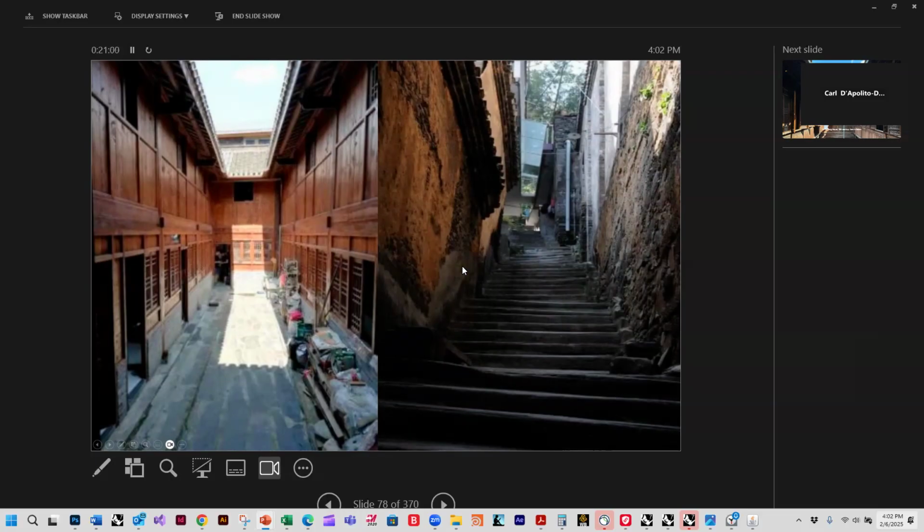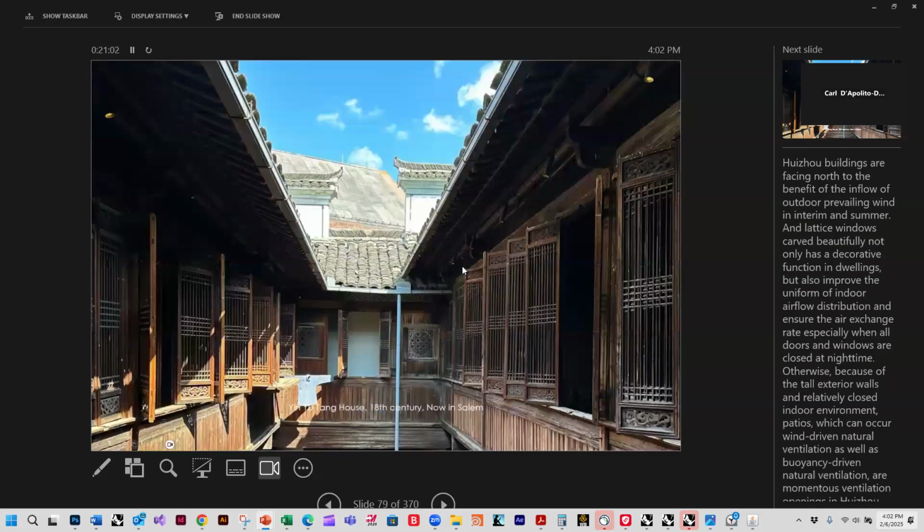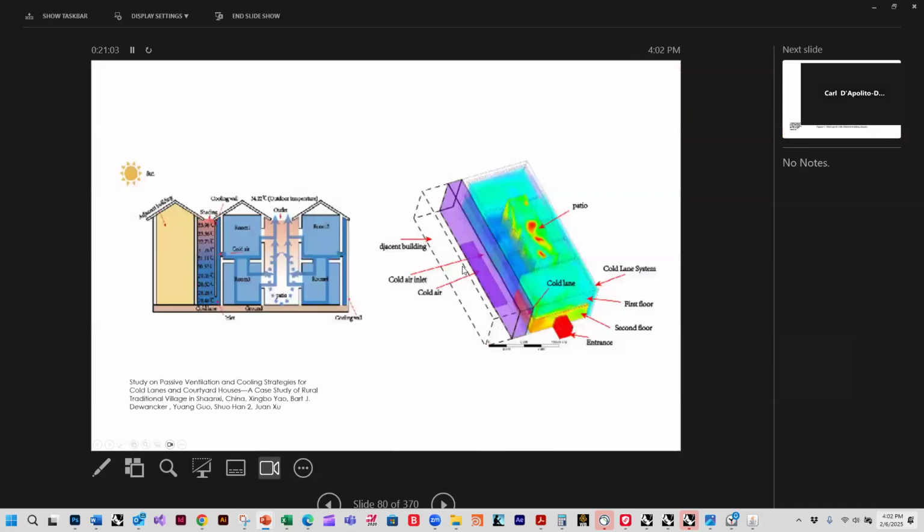And those cold streets, if you open up small vents to the cold street, it creates a current through the hot courtyard, and that will draw air into the bedrooms directly and move it through the entire house.